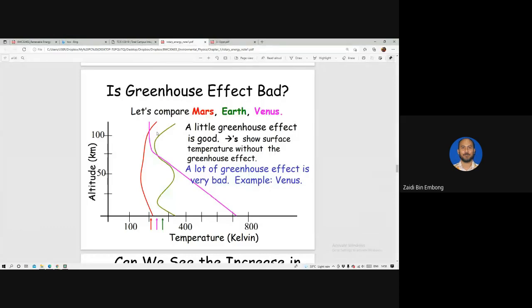Now you compare the planets Mars, Earth, and Venus. We human beings are living somewhere around the Earth. So this is the best. This is the best graph that represents the greenhouse effect for the Earth, for Mars, and for Venus.